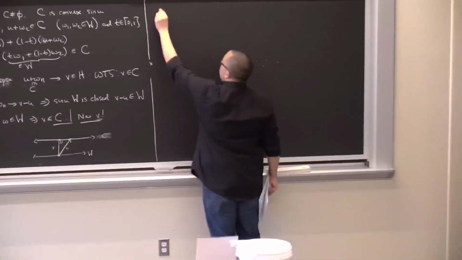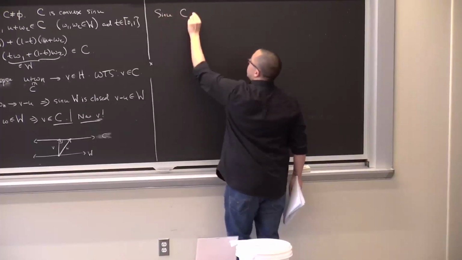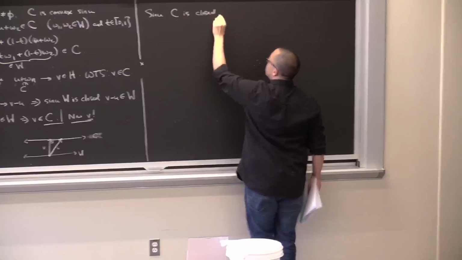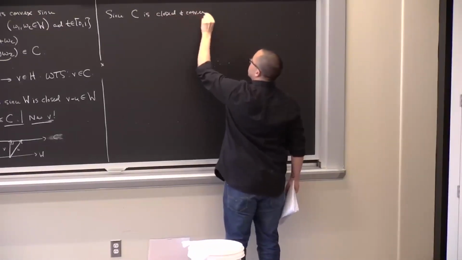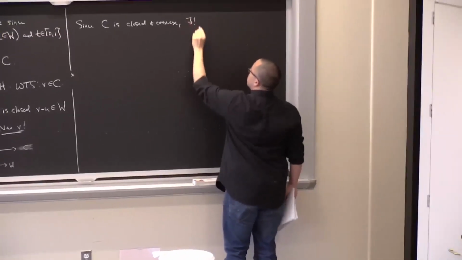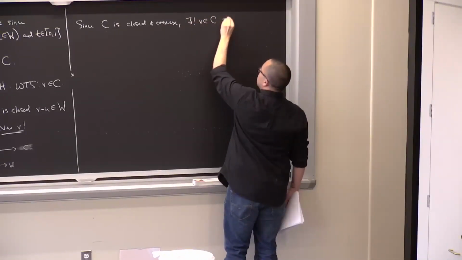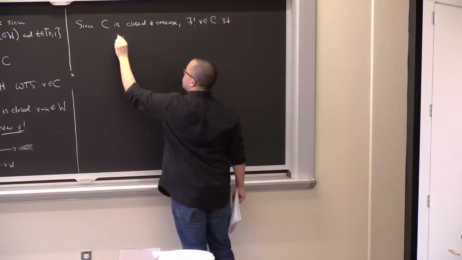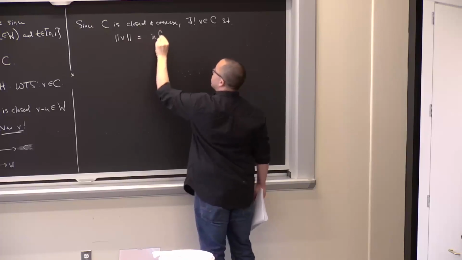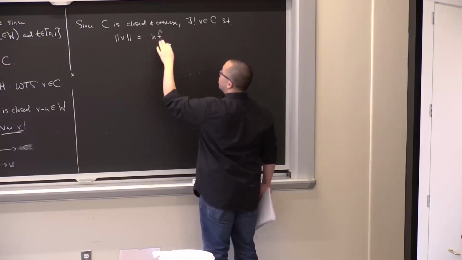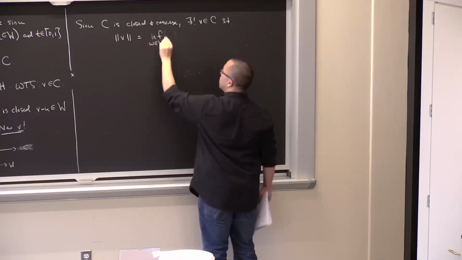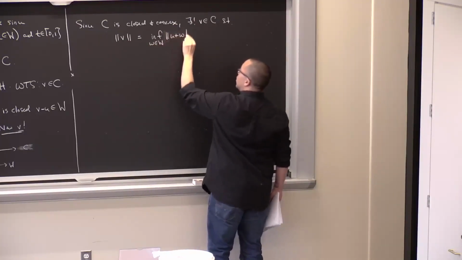So since C is closed and convex, there exists a unique element V in C such that the norm of V equals the infimum of the norms of the elements in C, but I'll write it a slightly different way: the infimum over w in capital W of the norm of U plus w, right?